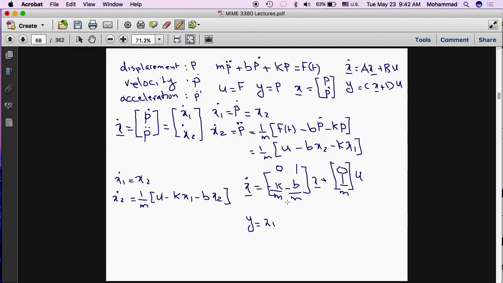If I want to use the exact same language that I used here, y therefore would be equal to what should go in here to reflect that y is equal to x1 and not x2?